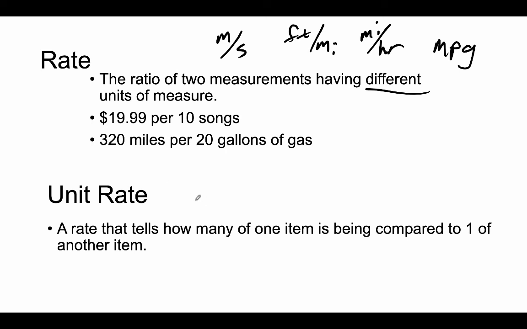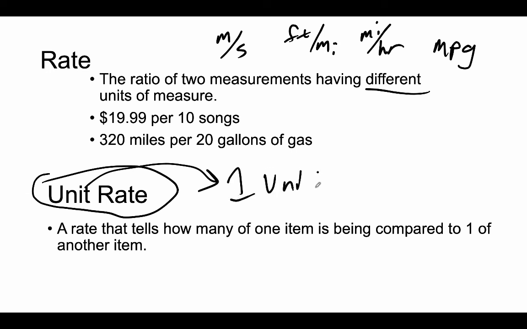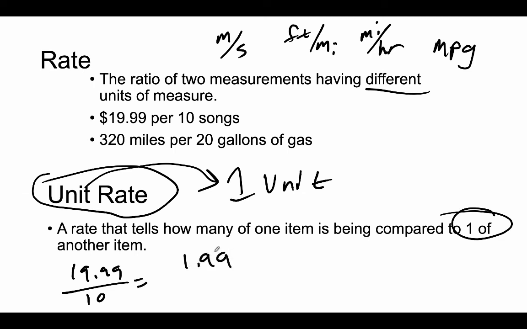So we're making a measurement. You've done this before. And we're talking about unit, we're always talking about a unit rate. We're talking about 1 unit. So up here, I would compare to one of the other items. So 19.99 divided by 10 songs is $1.99, essentially, but let's just go $1.99 per one song, right?